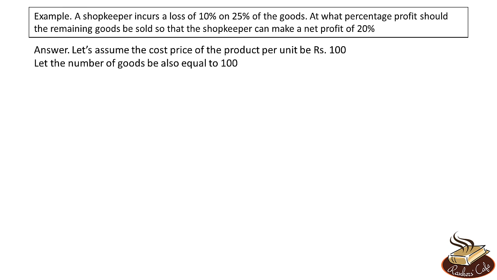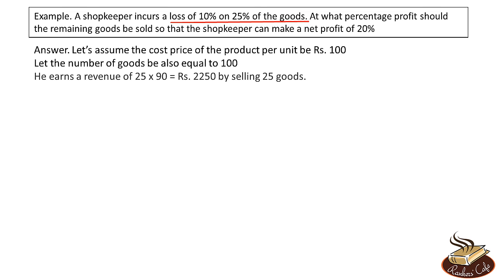Taking the value as 100 would not lead to any error, as there is no condition in the question which conflicts with this assumption. So the shopkeeper sells 25 goods at a loss of 10%, or at rupees 90 per piece. Because if he incurs a loss of 10% on rupees 100, it means he sells the goods at rupees 90.